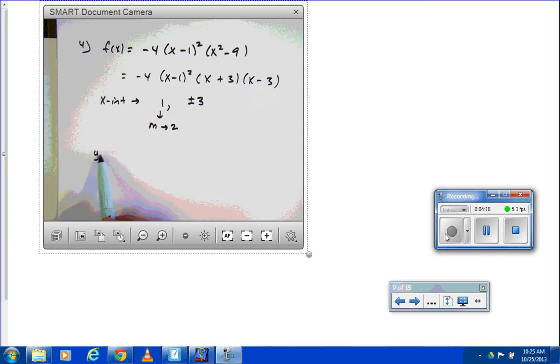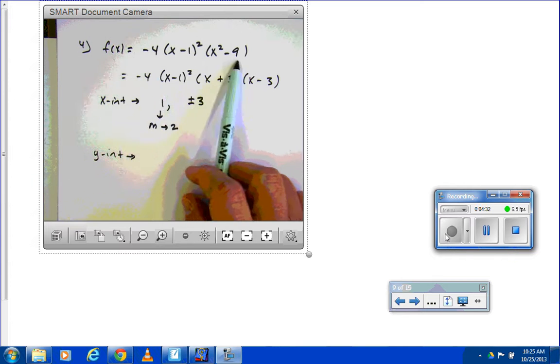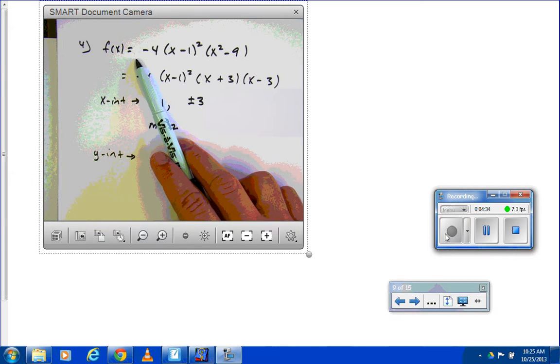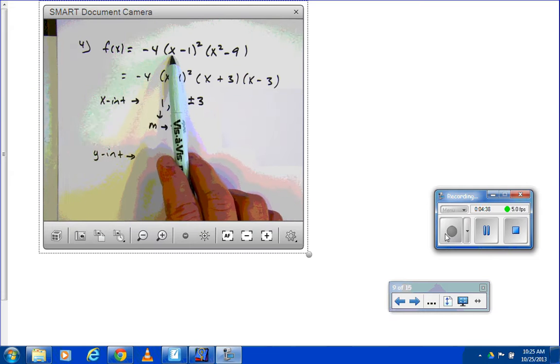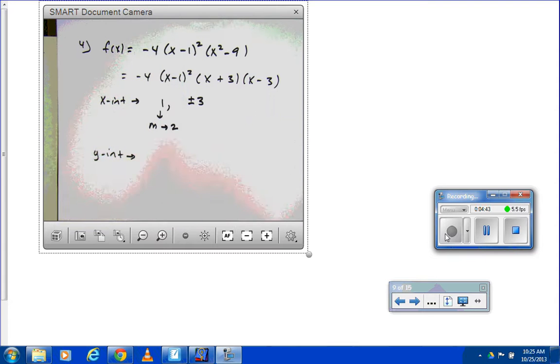All right, now here, a lot of people miss the y-intercept here. Okay, so remember, my y-intercept is where x is equal to 0. Now the other way we said it was the constant, but it's in factored form. You really can't tell what the constant is. All right, so you've got to plug in 0 for all these x's and just multiply what you've got left here. So we got negative 4 first.